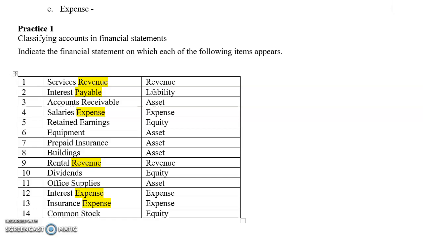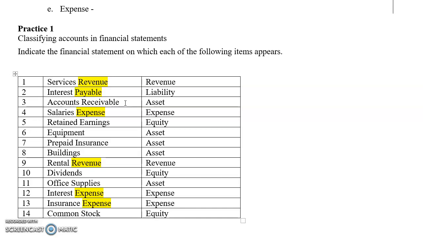Let's look at assets next. Accounts receivable: we eventually will be paid. Somebody owes us money, and we will receive the cash in the future. So that's an asset. It's like an IOU. At a bank, your car loan is just an asset to the bank, while to you it's a debt.